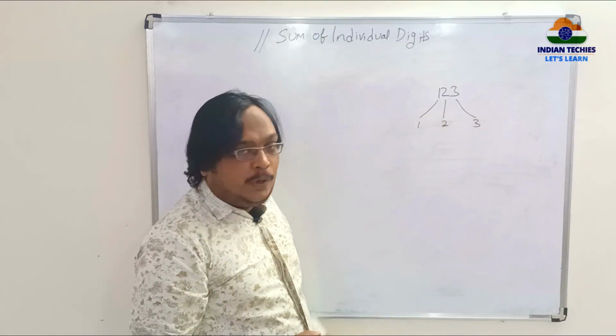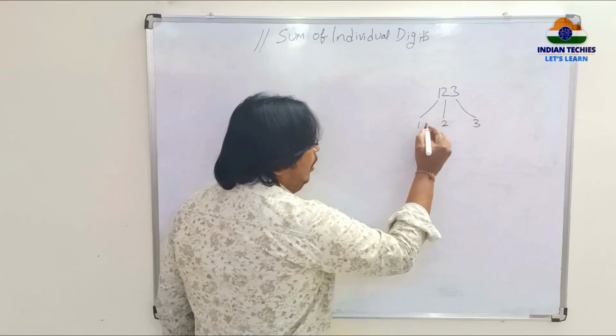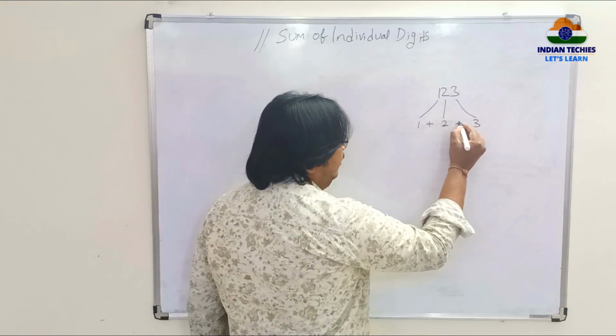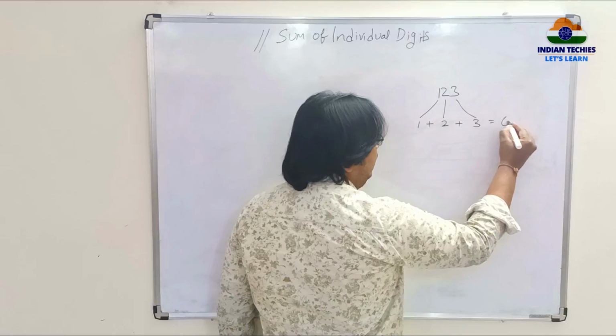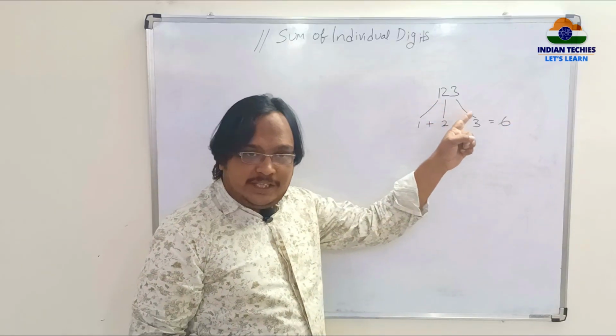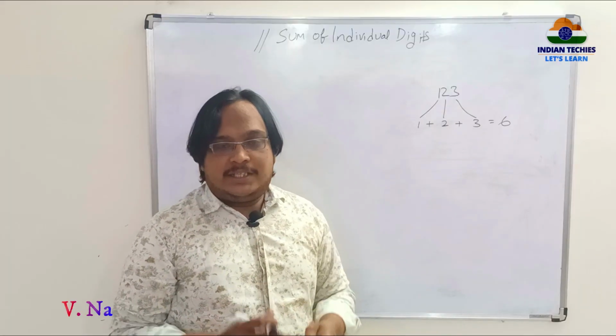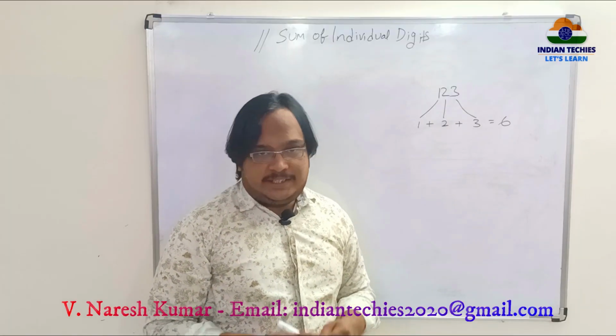Now all these individual digits have to be added. Then the output should be 6. So if I give 123 as an input, I should get 6 as an output. This is what sum of the individual digits is.